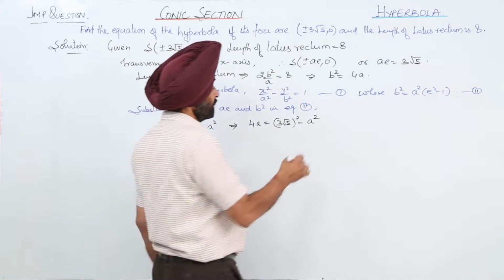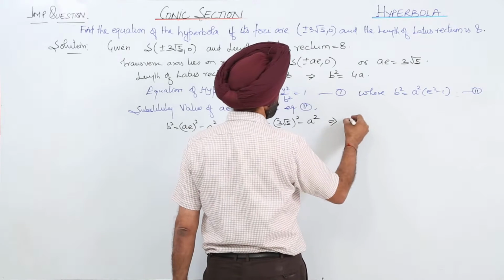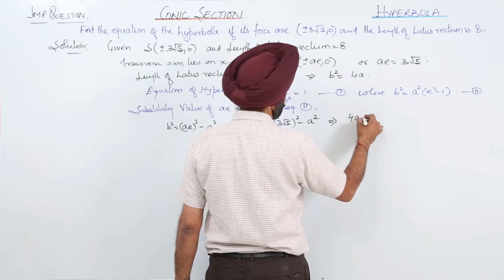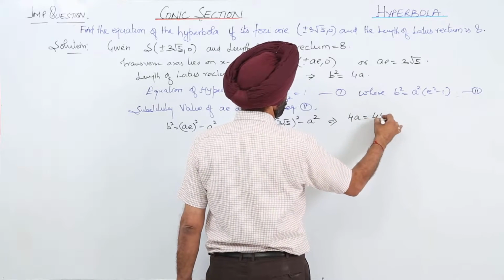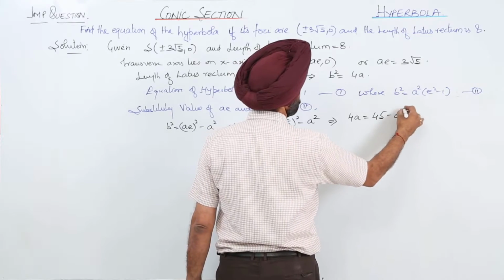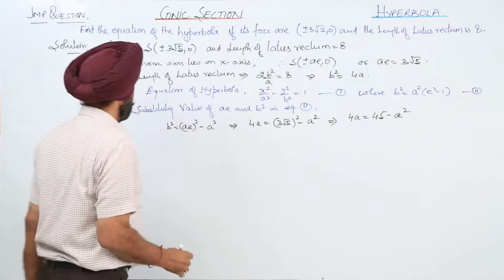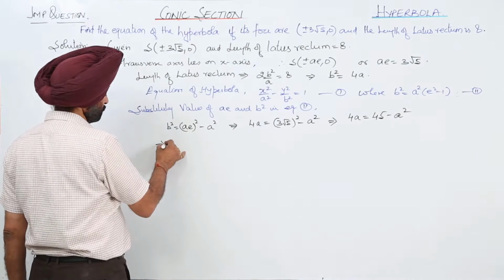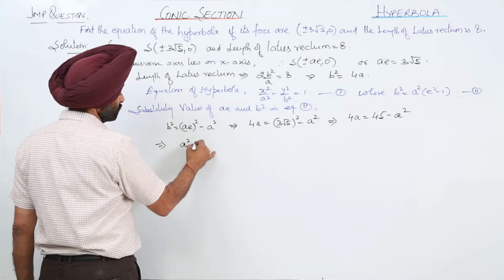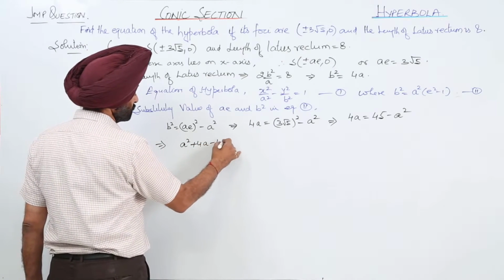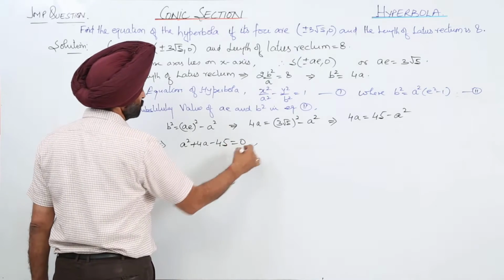And this becomes 4a is equal to 45 minus a square. a square plus 4a minus 45 is equal to 0.